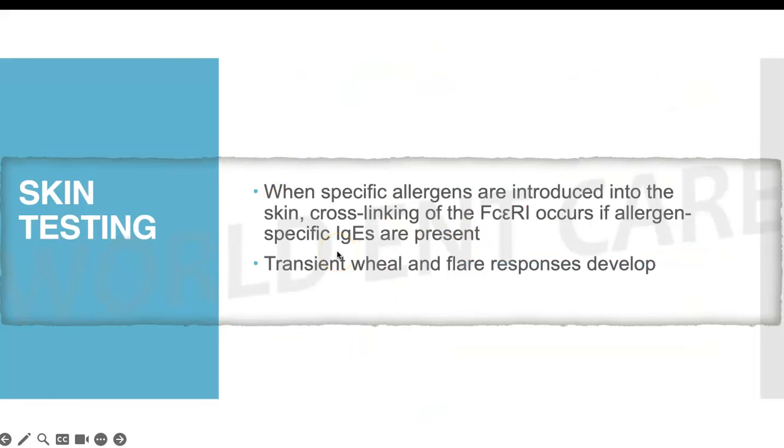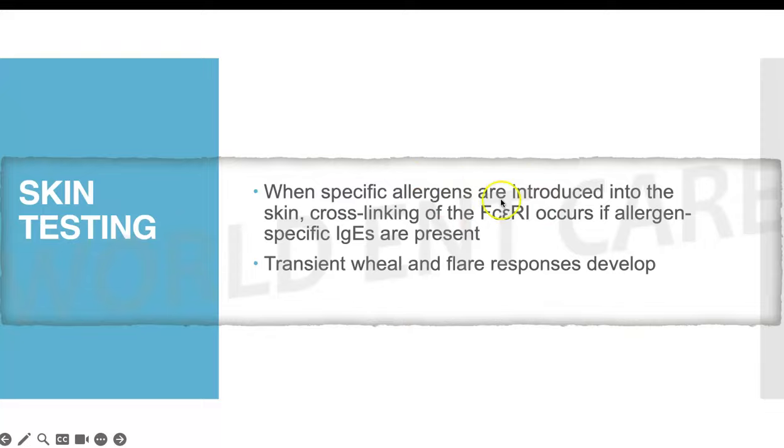So talking about skin testing, okay, so what happens here is when a specific allergen is introduced into the skin, cross-linking of this Fc epsilon RI occurs. This particular receptor is a high affinity IgE receptor, which is specific for allergy, okay.